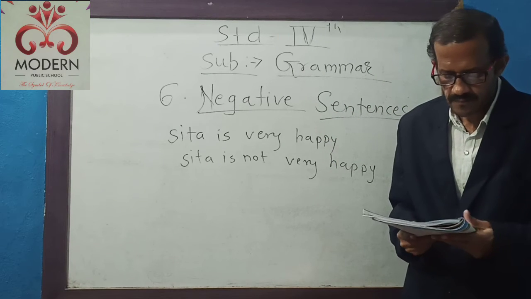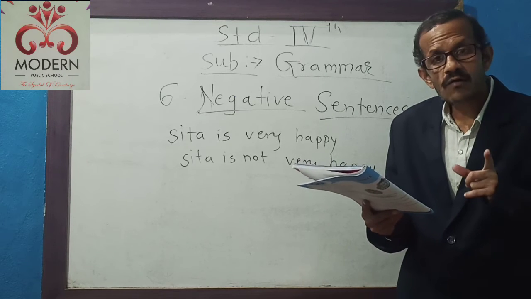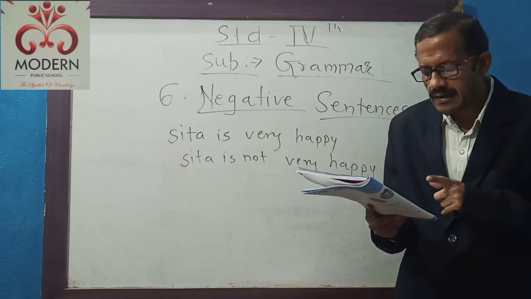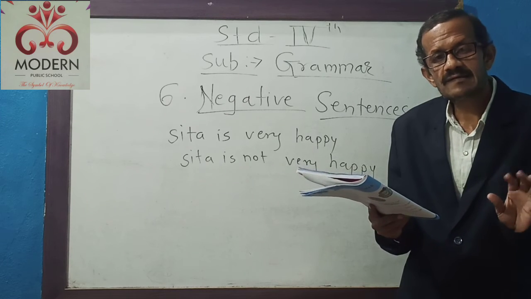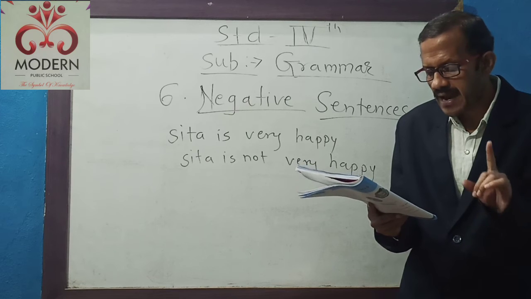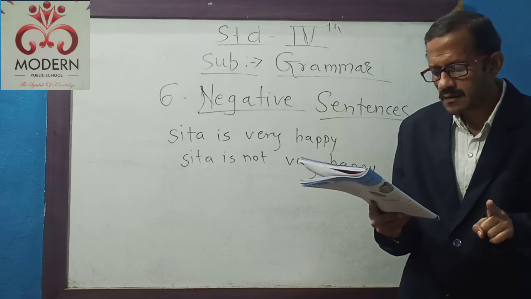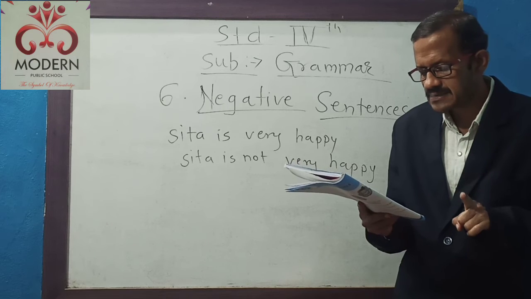Now students, we will revise. Listen to what we have learned from this lesson. Negative sentences have no or not in them. To make a negative sentence, we write not after the verb when the verb is am, are, is.